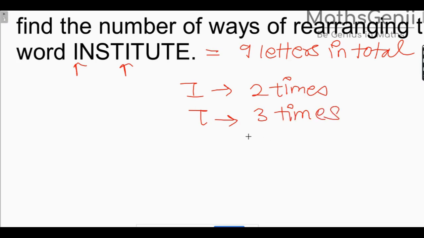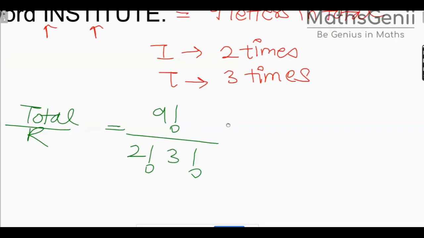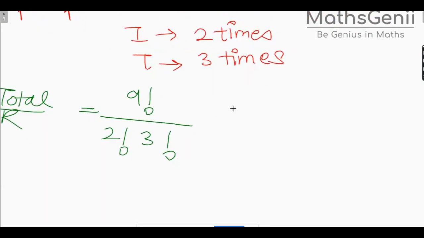How do you solve this? Very simple. Total upon repeated. Total is how much? 9 factorial. Upon repeated: 2 factorial, and again repeated, 3 factorial. I'll just expand this now. After expansion, whatever remains is your answer.